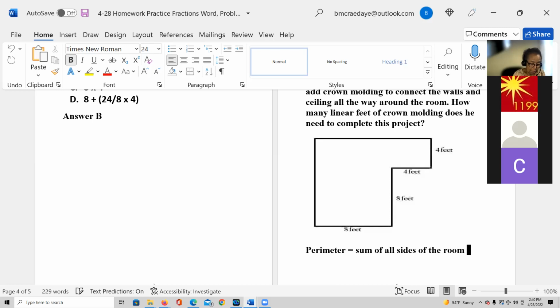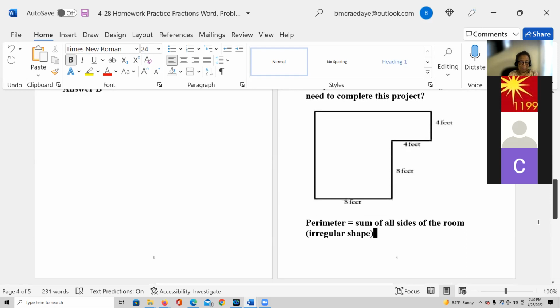And the room is irregular shape. You need to know the length of every side. Okay. Now, Maureen, what would we have to add up? Tell me what we add up here. You see the sides, right?